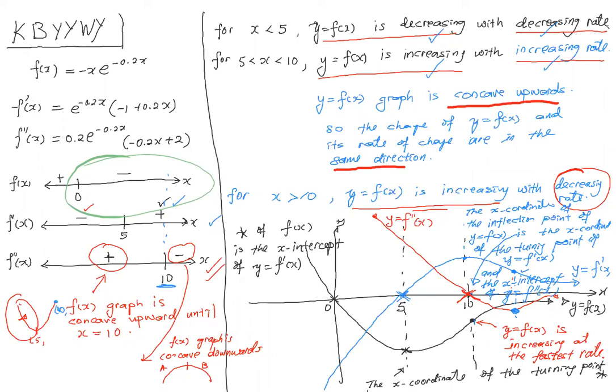Okay, I'm going to give you something else. Now I'm going to draw the f double prime x sign diagram. And I'm going to teach you how to speak with the sign diagram. So before you ask why, you better memorize all first.